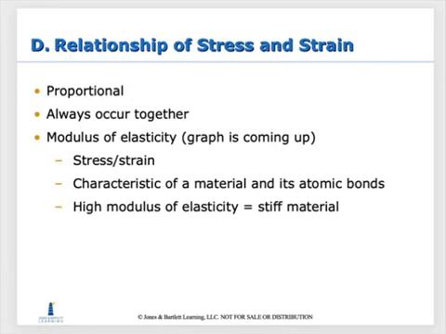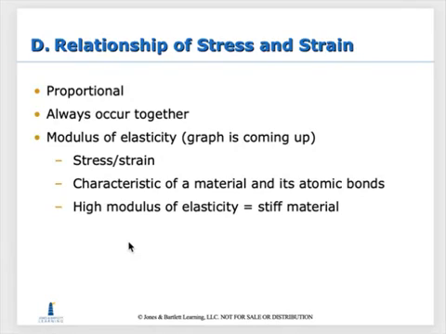So what's the big relationship between stress and strain? These things are always going to occur together. You're going to want to remember the modulus of elasticity is stress versus strain. It's characteristic of a material and its atomic bonds. And if it has a higher modulus of elasticity, it's a stronger, more stiff material.